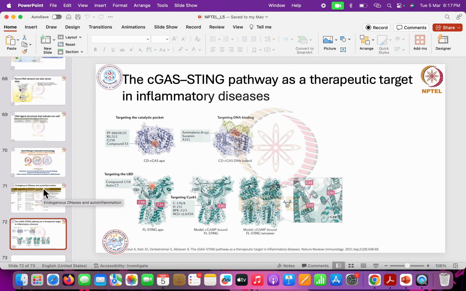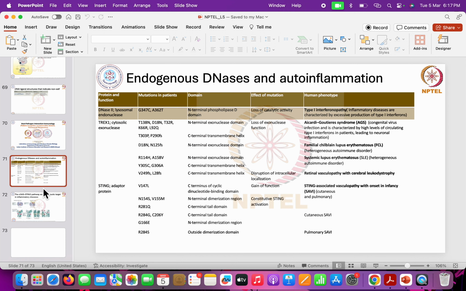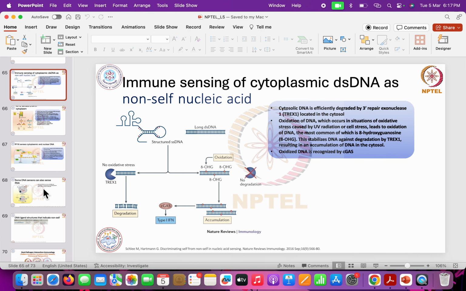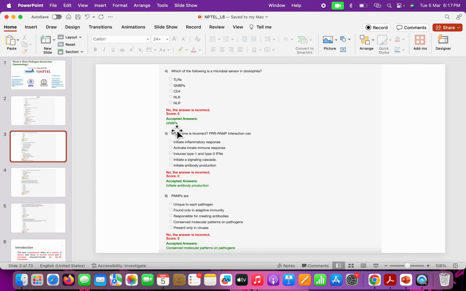Trying to see if it's already given in our lecture slides. So the answer is given as GNBPs. Which of the following is a microbial sensor in Drosophila? Okay, I will get back to you with this question later. I have to check one thing.